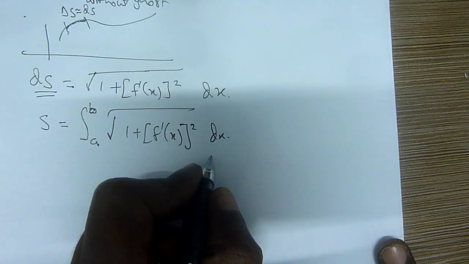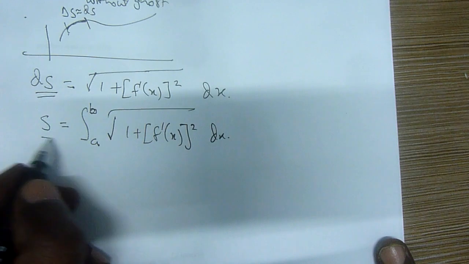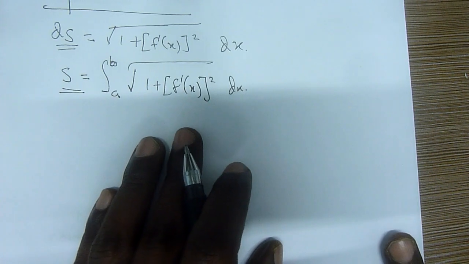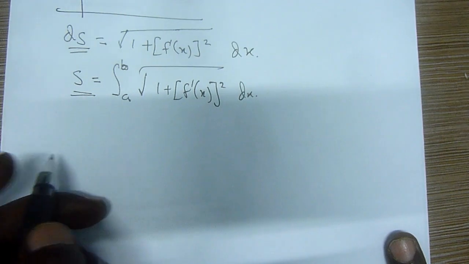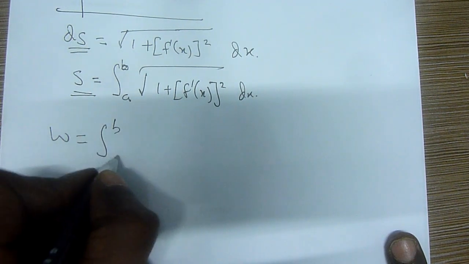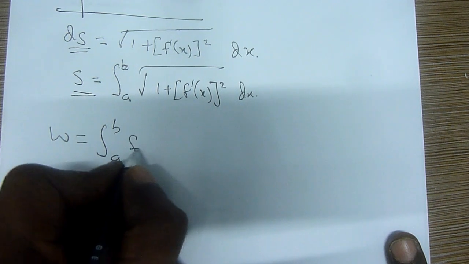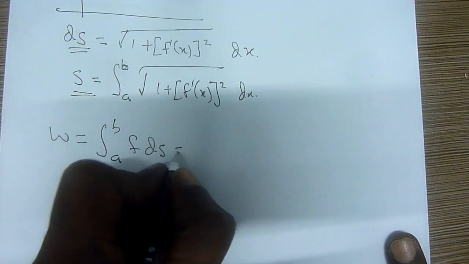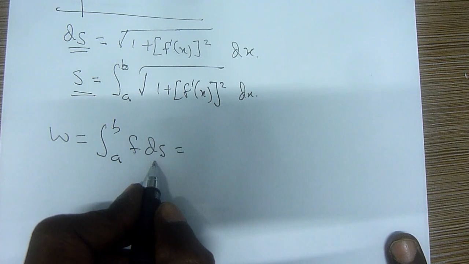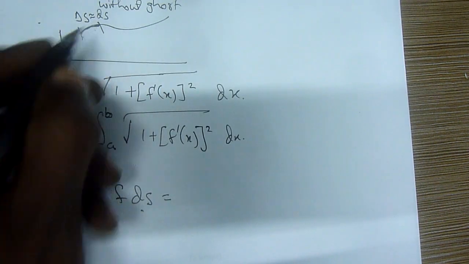This is basically how you are able to calculate s. Now the new formula that I'm going to introduce to you is w equals the integral from a to b of f ds, where ds here is the small change that we are talking about.